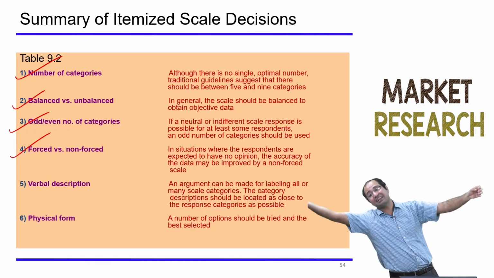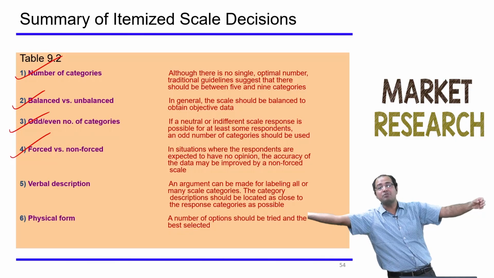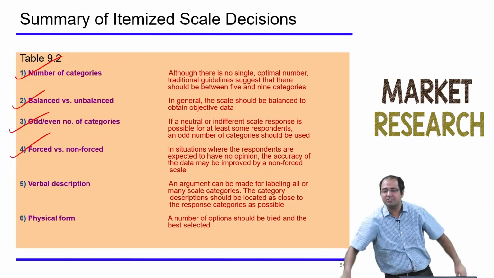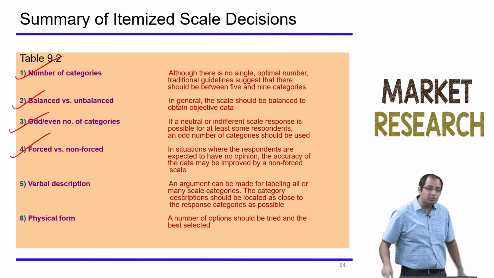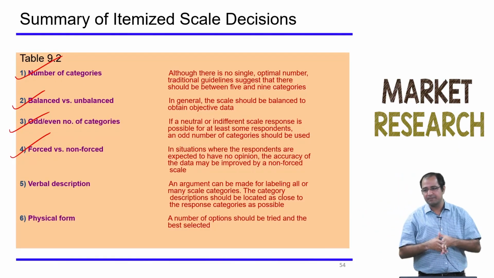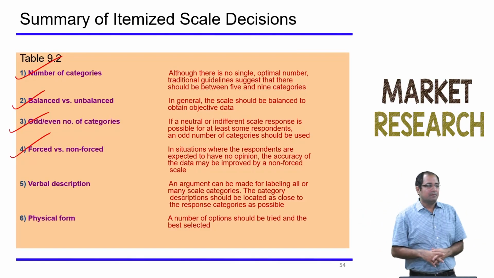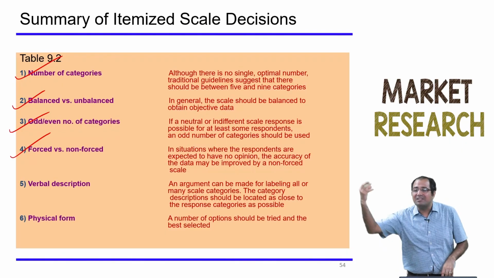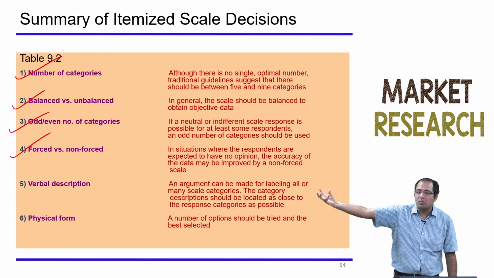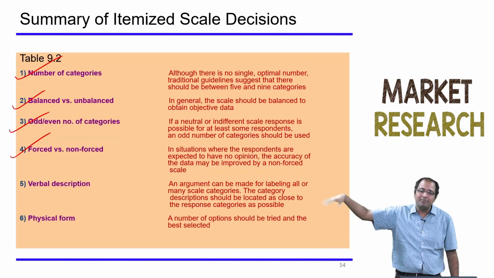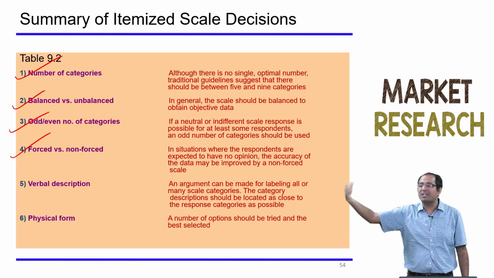If you give another category, that will become non-forced. Forced will be when you give only 5 and they have to express their opinion. We use the forced one, not the non-forced one. Because when somebody marks the category I do not know, that will be not a useful response.